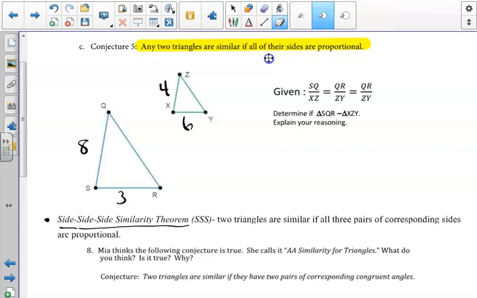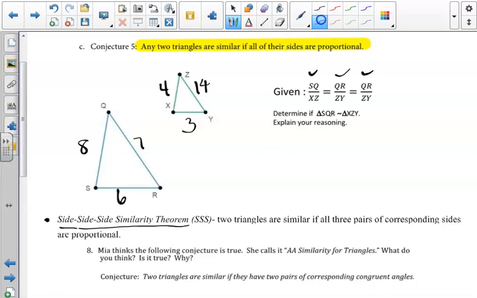let me switch that around. I'm making these up. Okay. So now let's take a look. Corresponding sides, SQ over XZ. So let's write out our ratios based on these at the top.